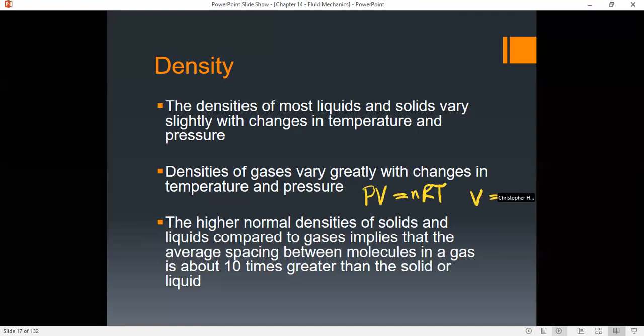V is equal to nRT over P. So any change in pressure, any change in temperature is going to have a very large effect on the volume, and therefore a large effect on the density of a gas. Not so much for liquids and solids. They do change with pressure and temperature, but not by a tremendous amount.